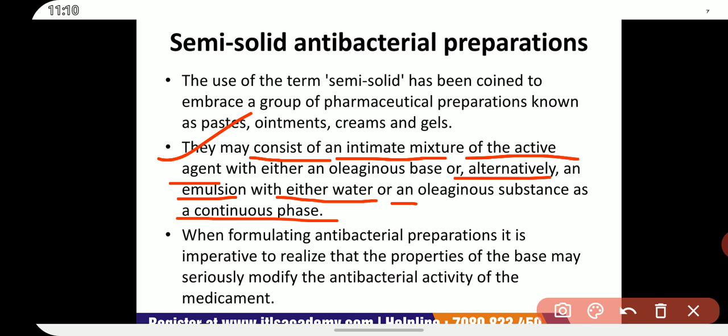Gels are preparations in which the base is usually a carbohydrate polymer such as pectin, methyl cellulose, tragacanth, and sterculia gum, and water, or more rarely a base of protein origin such as gelatin with a suitable quantity of water.